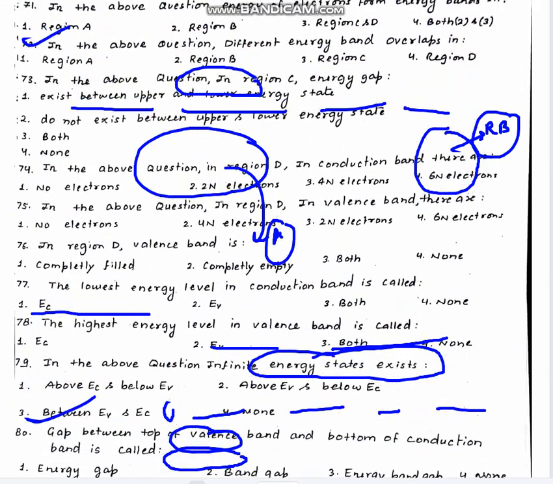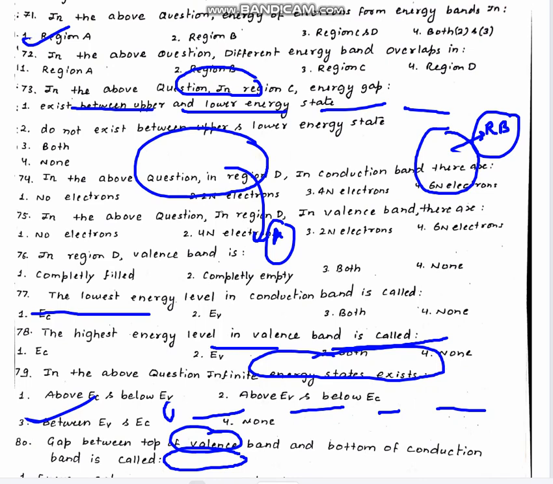Next is: the energy of electrons forms energy bands in regions B, C and D. So 4 will be correct over here. Next is: different energy bands overlap. These overlap in region C, so the third is correct.